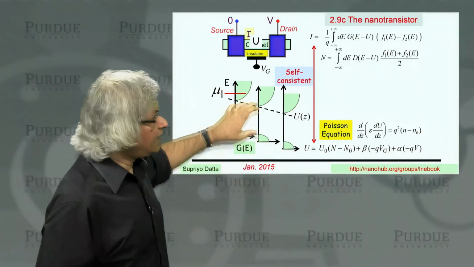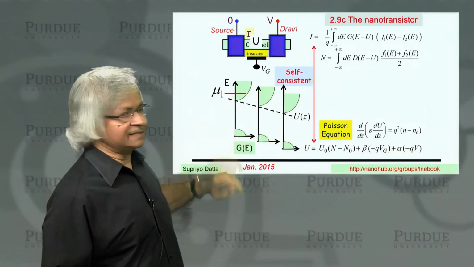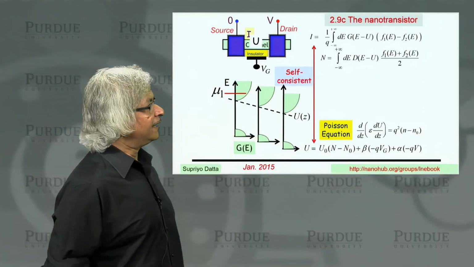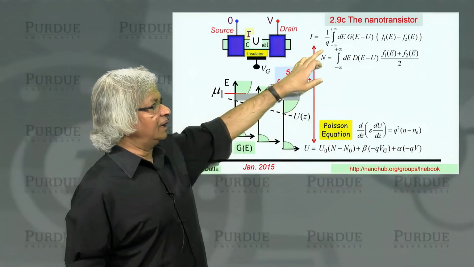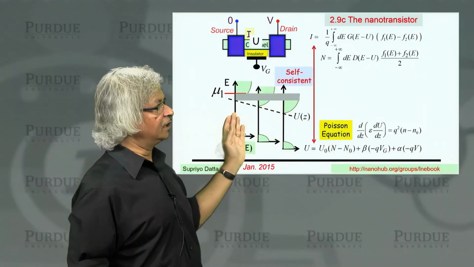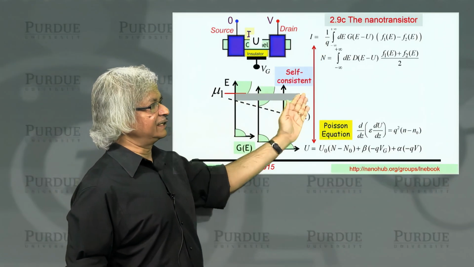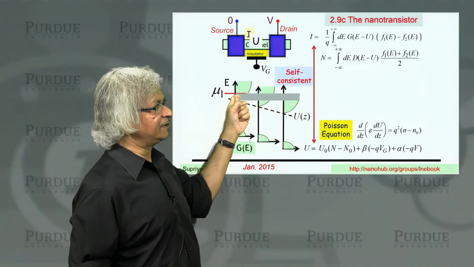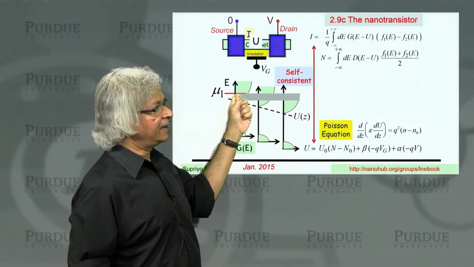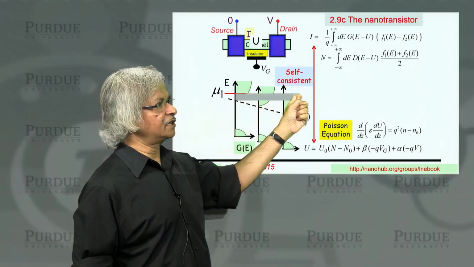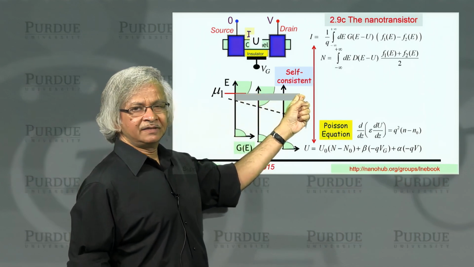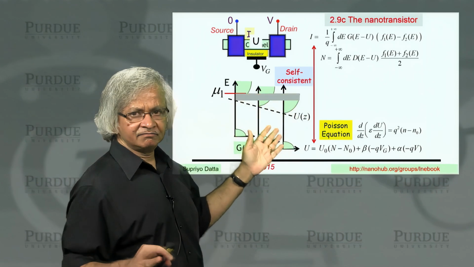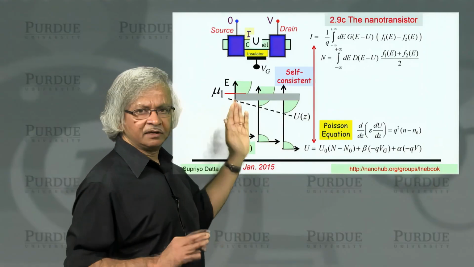Okay? Now, one thing that it misses here also is that, remember, our entire model here was based on this elastic transport, which means the assumption was that an electron coming in from here, as it goes through the channel, does not change energies. And if it's a ballistic device, that's usually a good approximation.